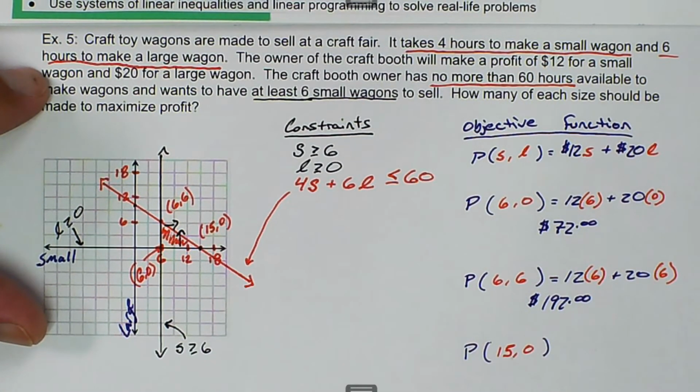And for the last one, 15 small wagons and 0 large wagons. So plug it in, $12 per small wagon, $20 for the large wagons. We didn't sell any large wagons, so we made $0 from the large wagons, but we sold 15 small wagons, and so in this case, we make $180.